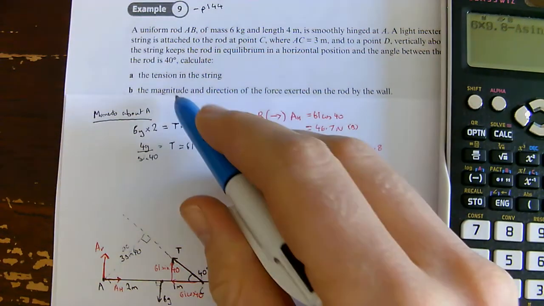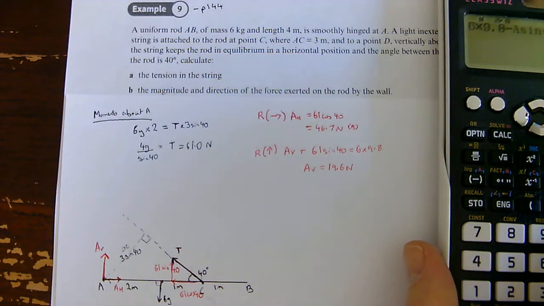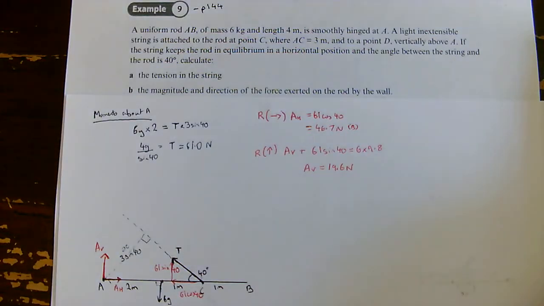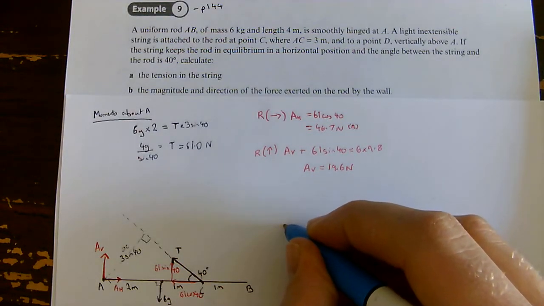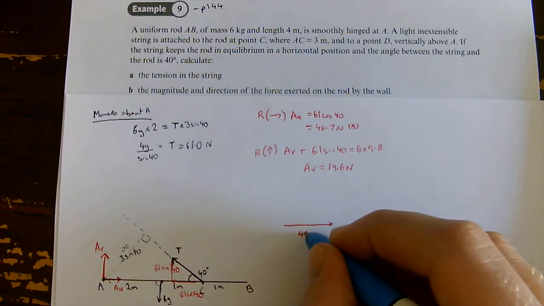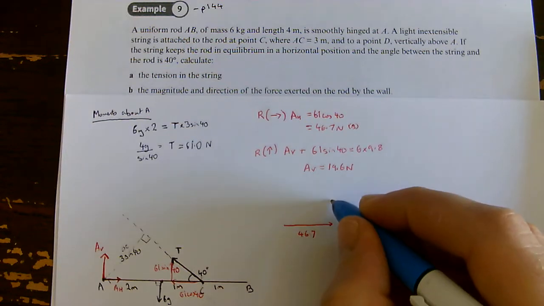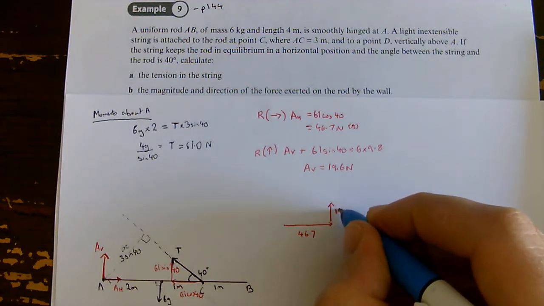Notice that what I want is the magnitude and direction of the force. I've got it in component form, so let's do a triangle to show what that looks like, with the vertical component of the force and the horizontal component of the force. The horizontal component of the force is rightwards of 46.7 newtons, and the vertical component of the force is 19.6 newtons.